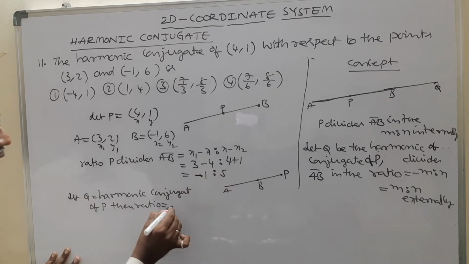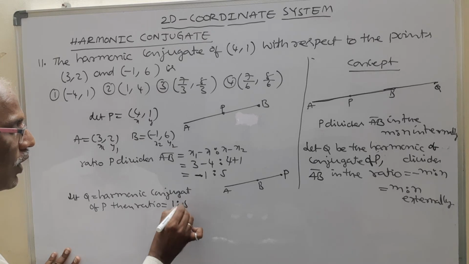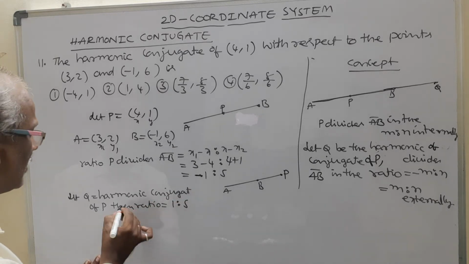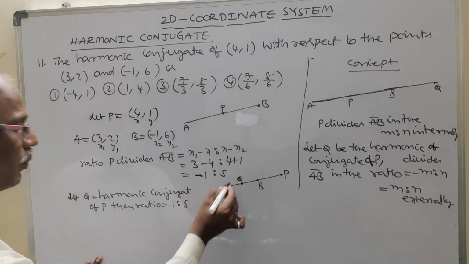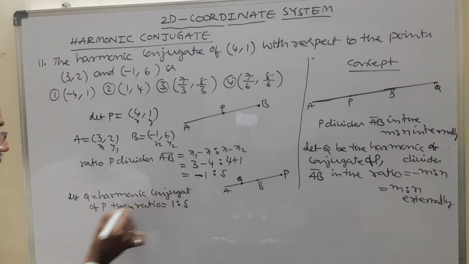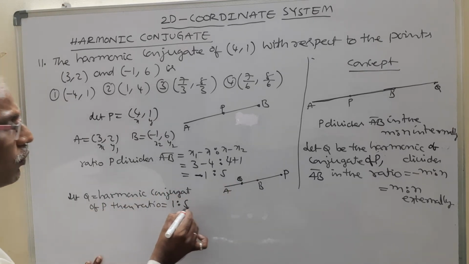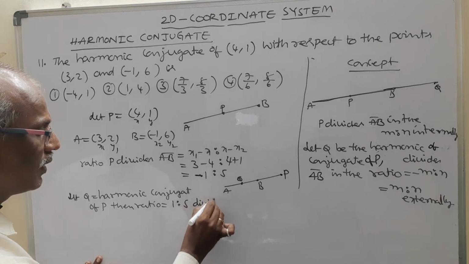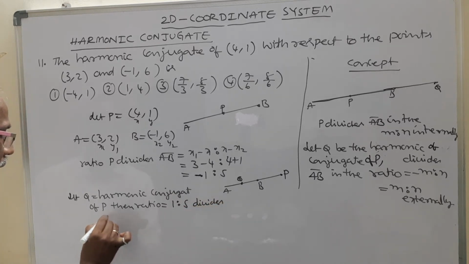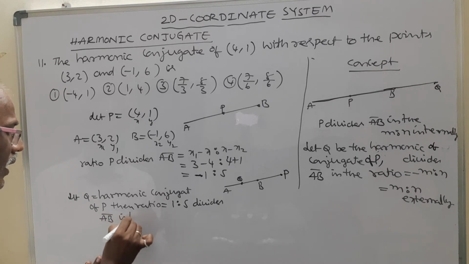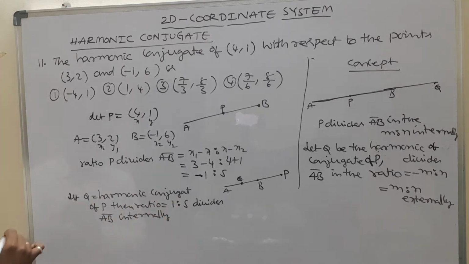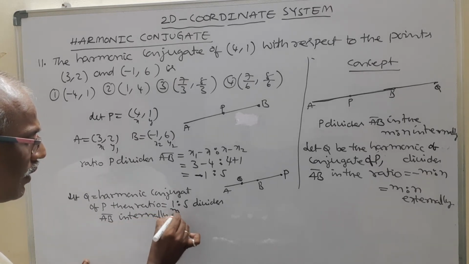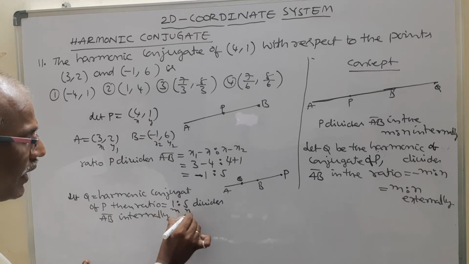Then the harmonic conjugate ratio takes positive, 1 is to 5. 1 is to 5 means this is an internal point. Q is the internal point. Q is the harmonic conjugate of P, then the ratio is 1 is to 5. It divides AB internally. Here m equal to 1, n equal to 5.